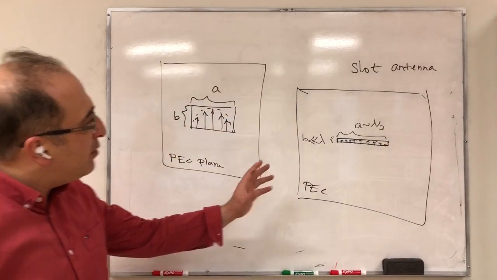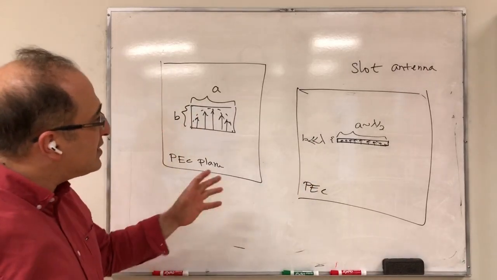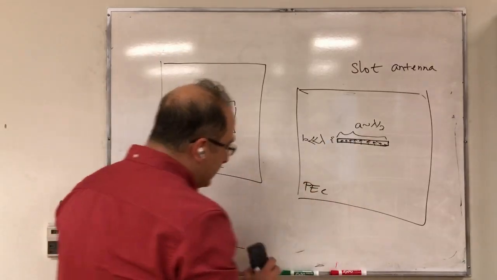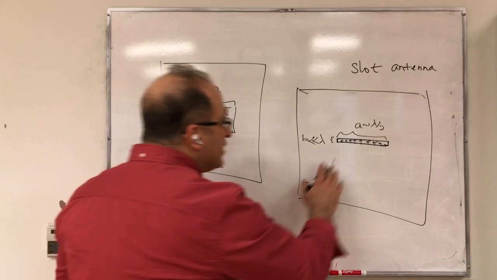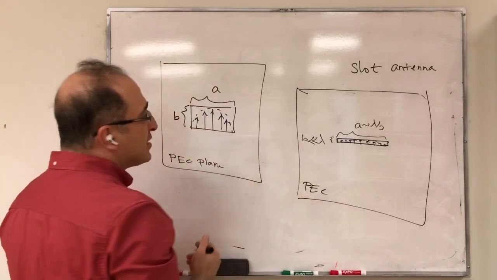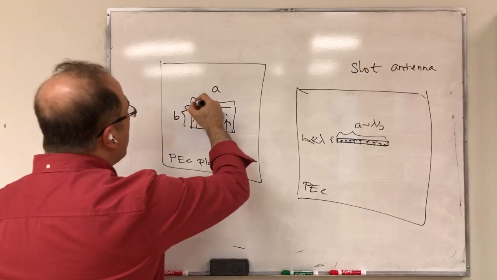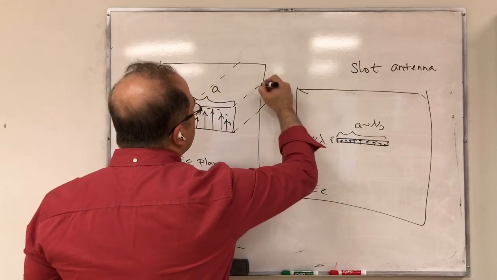Now, before going into a mathematical equation, let's consider a structure which is related to a slot antenna. To understand it better, perhaps it's good that I say how we can excite this slot antenna. In the case of an open-ended waveguide antenna, you remember we had a waveguide in the back.